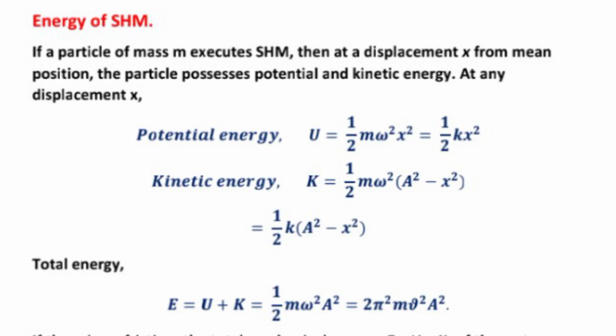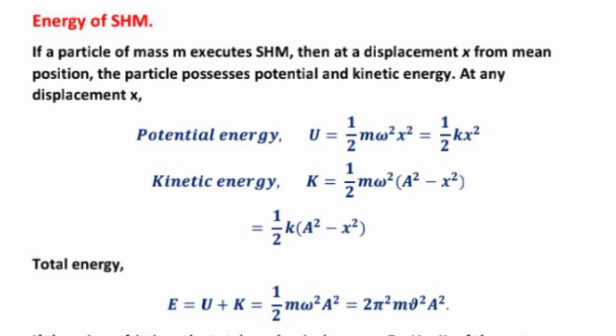Now, energy of simple harmonic motion. If a particle of mass m executes simple harmonic motion, then at a displacement x from mean position, the particle possesses potential and kinetic energy. At any displacement x, potential energy U equal to half m omega square x square, and this will be half k x square, and kinetic energy K equal to half m omega square (a square minus x square), and it will be equal to half k (a square minus x square).